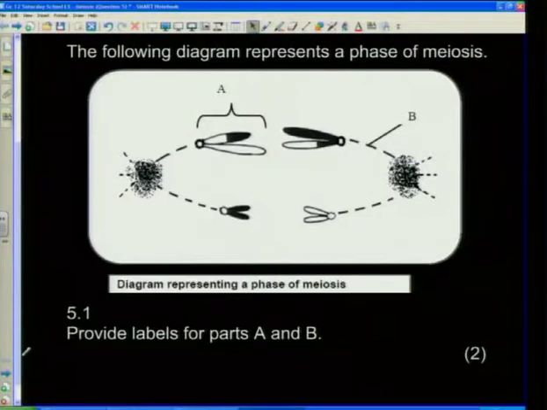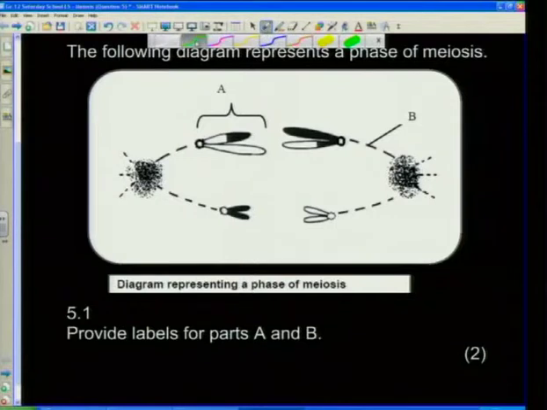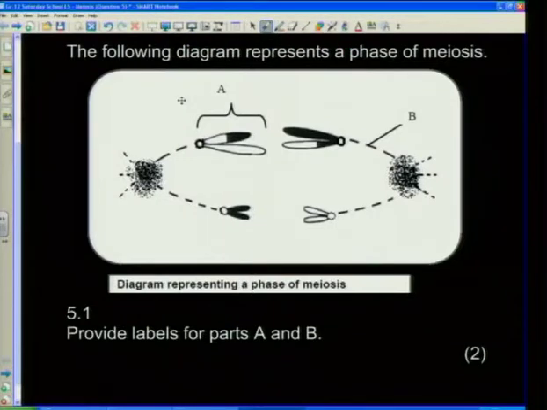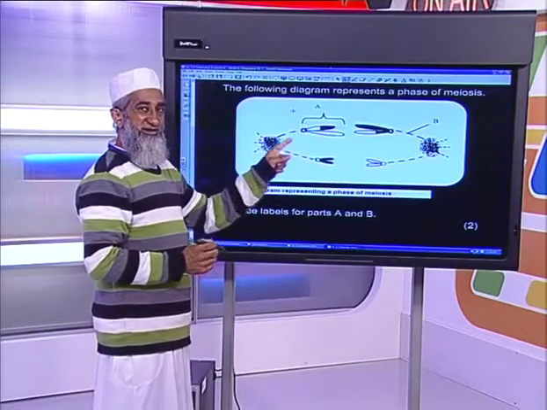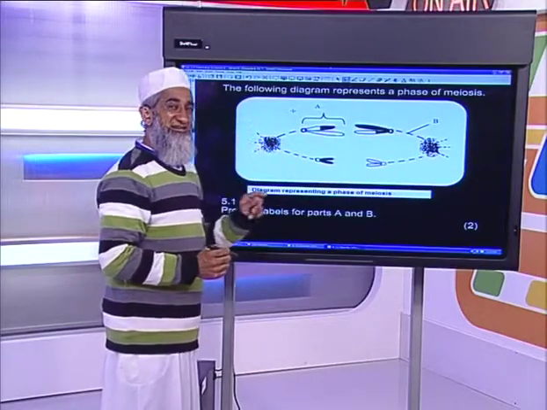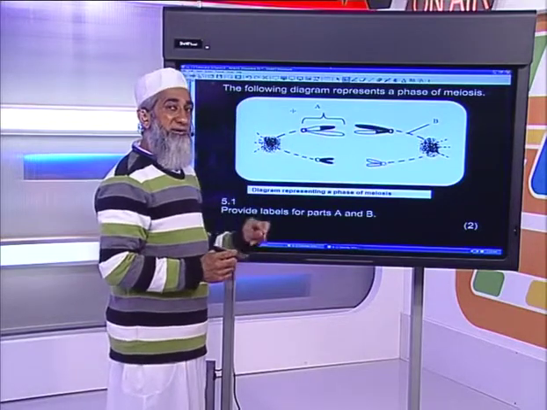A diagram comes across, and they say diagram representing a phase of meiosis. In this one here, they say provide labels for parts A and B. Very simple. Just make sure that I got the highlighter on. A, they're referring to the structure here, and B, the structure here. What you need to be very careful about in this case is look at the structure carefully and see whether it's single-stranded or double-stranded.